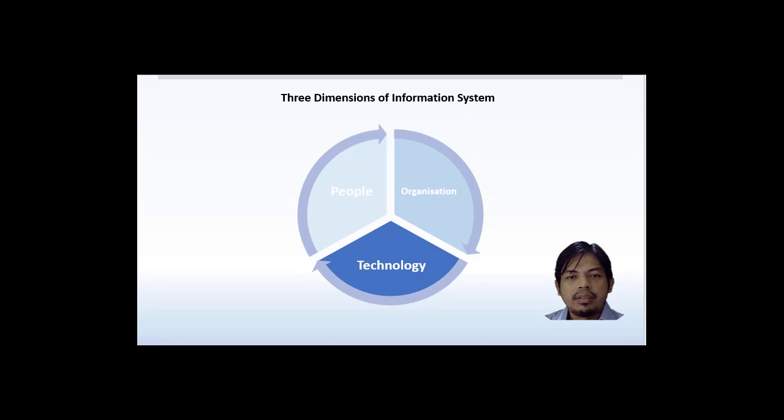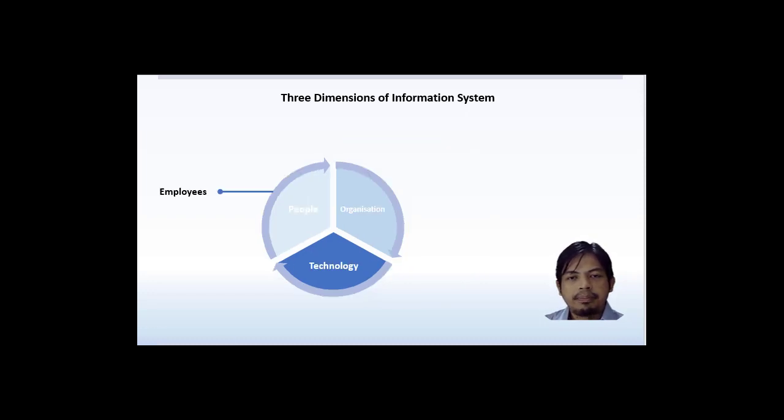Okay, for the first dimension, which is people. It's about how people play their role in the context of information system for business. People are the ones responsible to run the business.